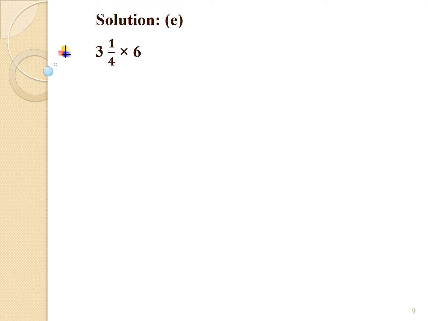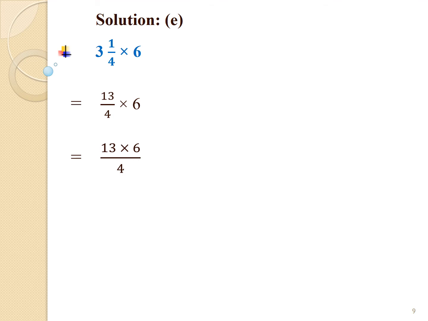Now, sum E: 3 integer 1 upon 4 into 6. First, converting 3 integer 1 upon 4 into an improper fraction, we get 13 upon 4 into 6. Now multiplying numerator 13 with whole number 6 and keeping denominator 4 same, we get 13 into 6 upon 4.